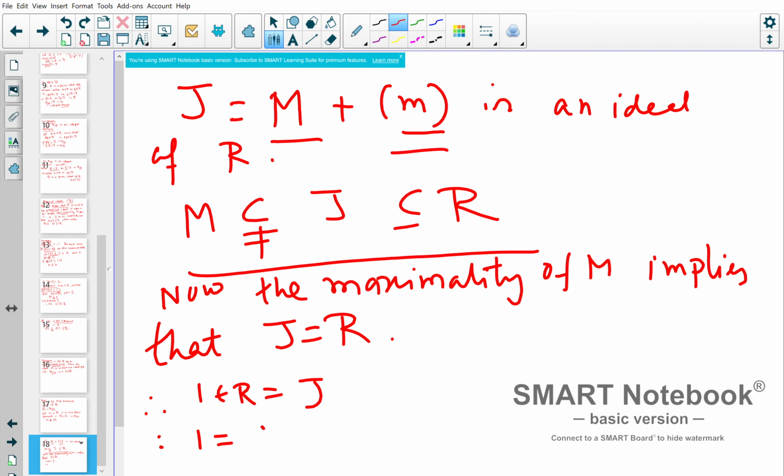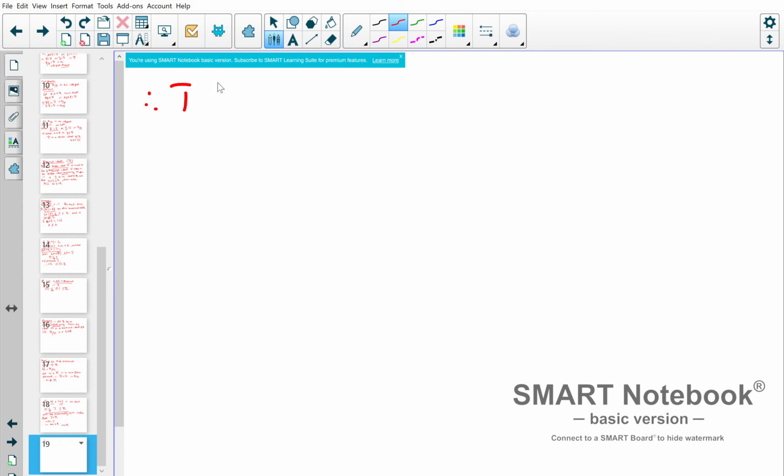So 1 can be written as m into k plus something x where x belongs to capital M. So what does that mean? When you go modulo M, 1 bar is nothing but m into k.